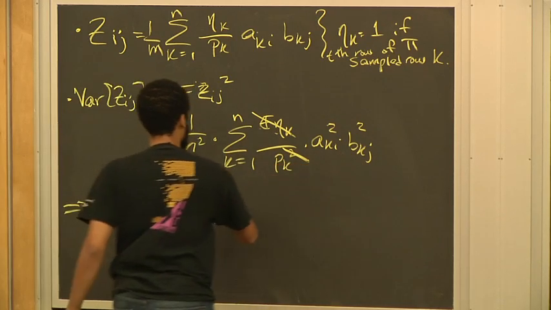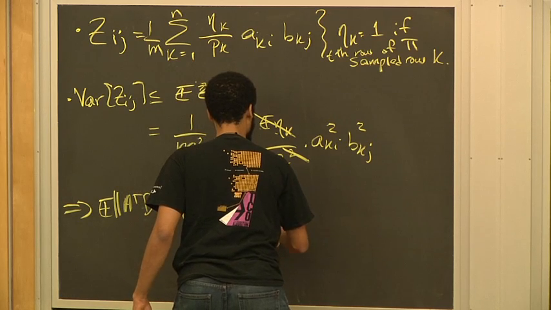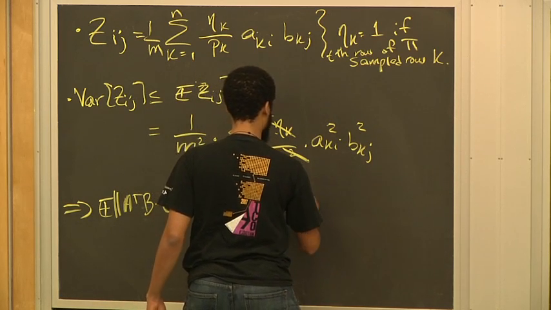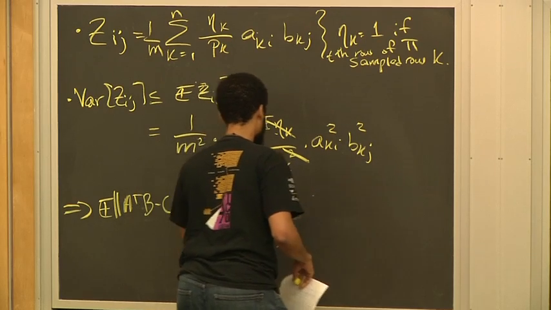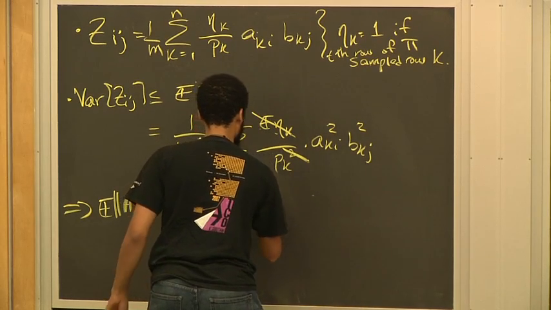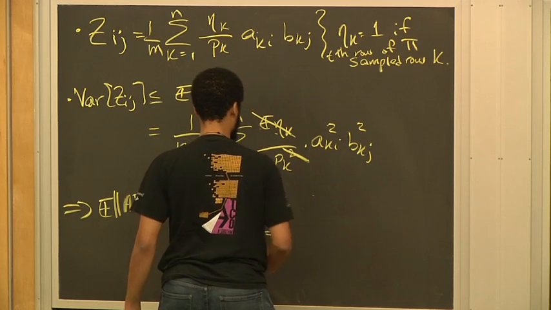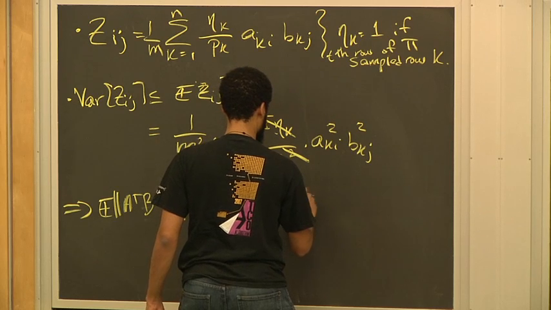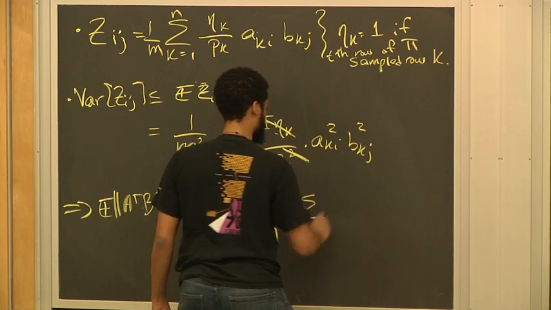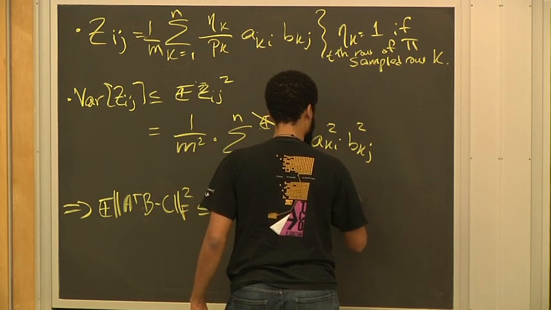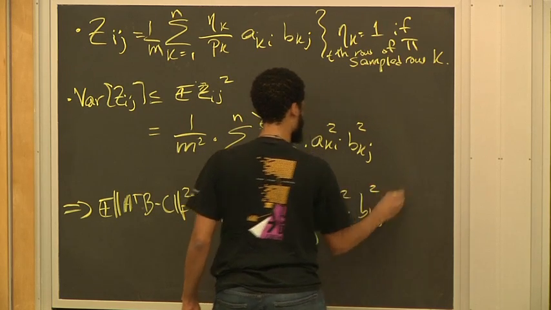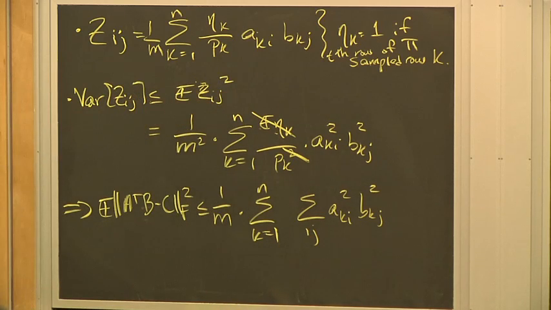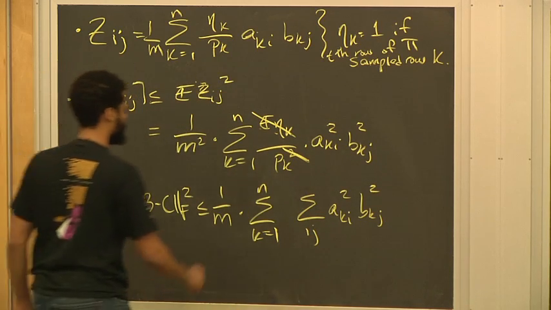Let me write it like this: the sum over k from 1 to n, sum over ij, of aki squared bkj squared. There's a 1 over pk here.